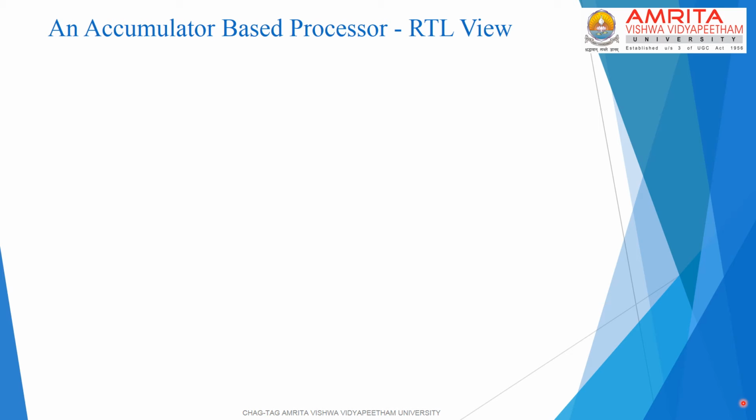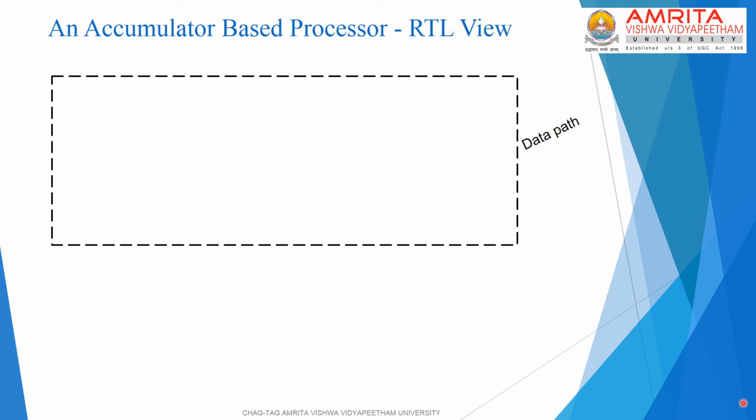So in an accumulator based processor, all arithmetic operations have the accumulator as one of its operands. The result also is stored in the accumulator. So this considerably simplifies the data path because the ALU needs to be connected only to the accumulator. There needs to be no selection logic for selecting the destination for storing the results of a particular instruction.